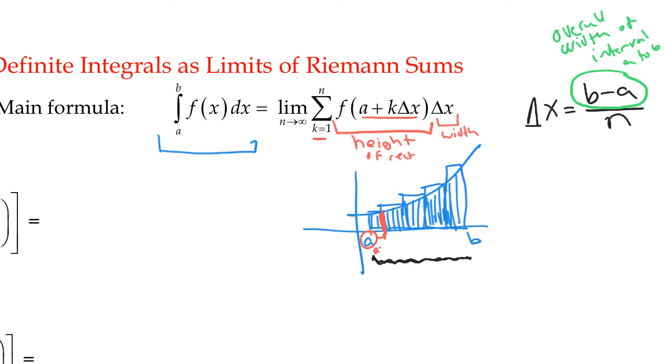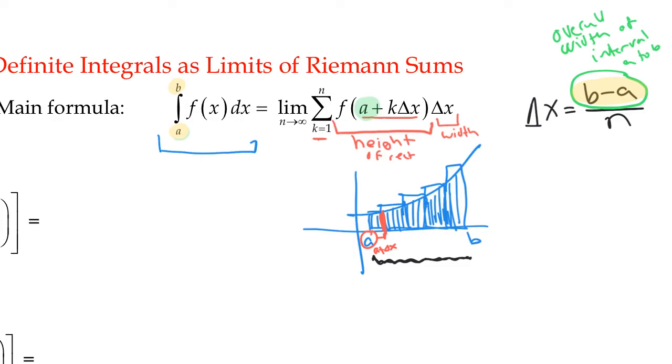Whatever a plus delta x is, that is the x value. I feel like I've been building up to something you maybe haven't seen yet. That a value there is the same a value as the beginning bound on our integral. And b minus a is the same value as you would get if you subtracted the bounds on our integral, b minus a.